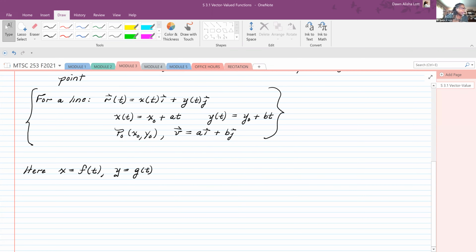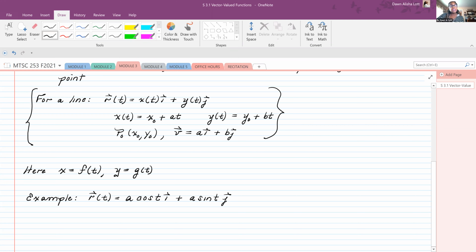For example, I can have r of t equal to a cosine of t i plus a sine of t j.